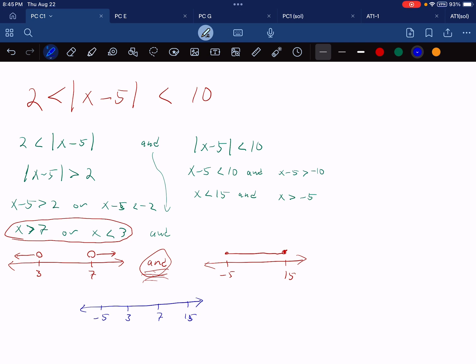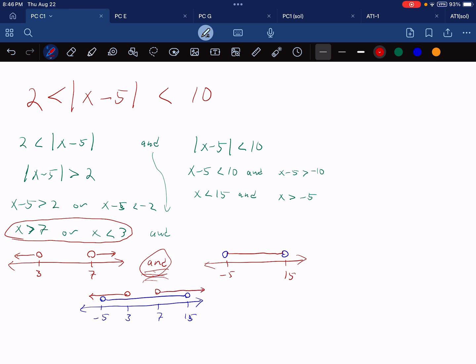I know part of my solution is here, where I'm going to, I don't know why I put those open. Sorry about that. I just noticed that I did that. Let's do open circle here, open circle there. There we go. Okay, so we're going to have open circle here, and everything in the middle. We're also going to likewise have open circle here going that way, and open circle here going that way.